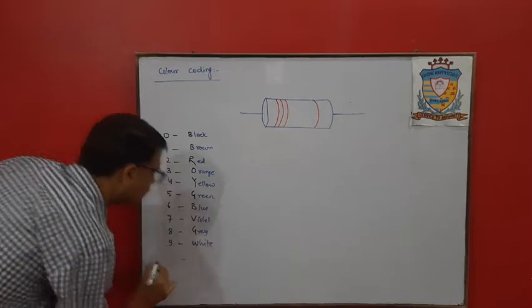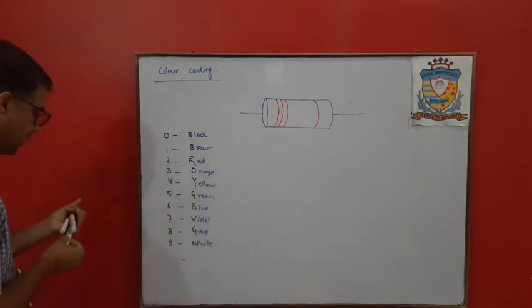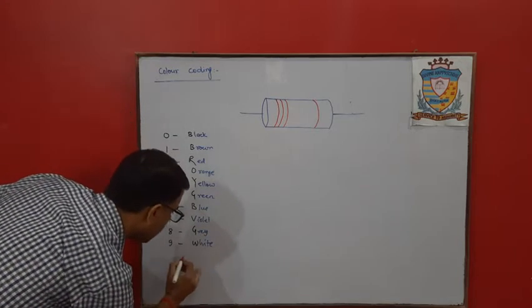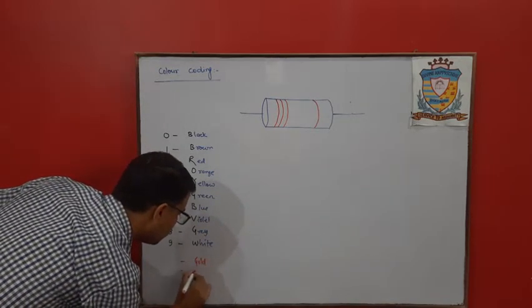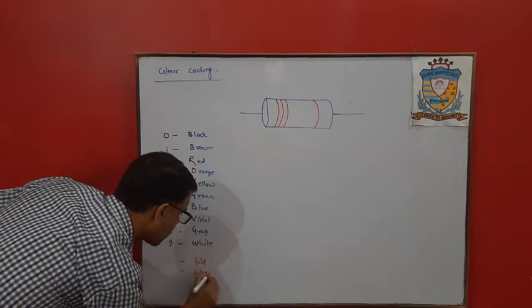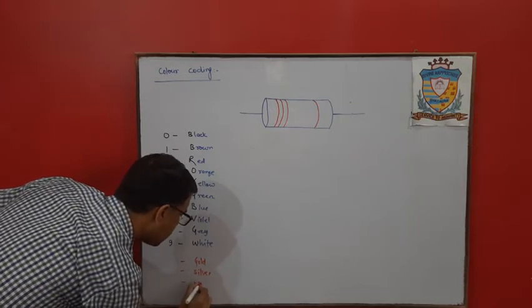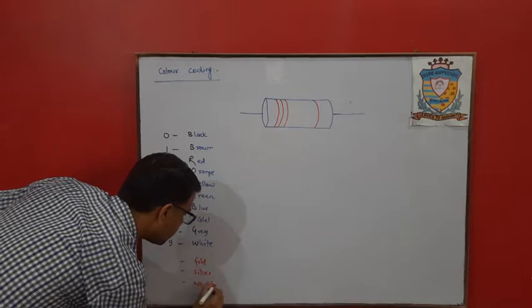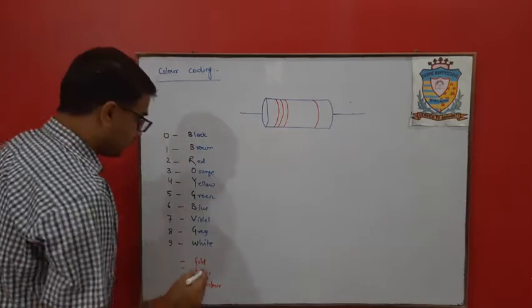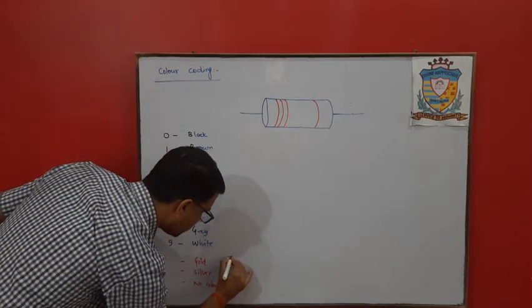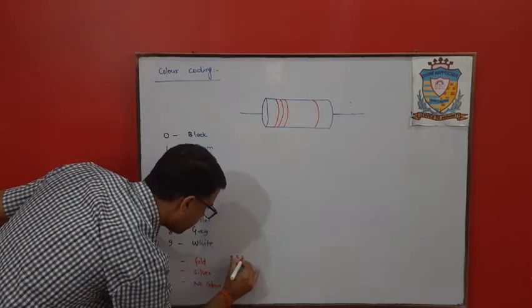And next we have three more things, that is gold, silver and no color. For these three, they are tolerances. So for gold it is plus minus 5%.